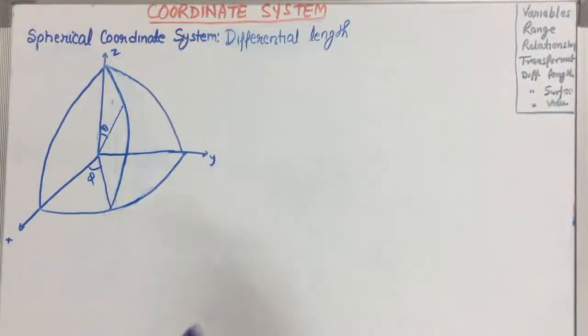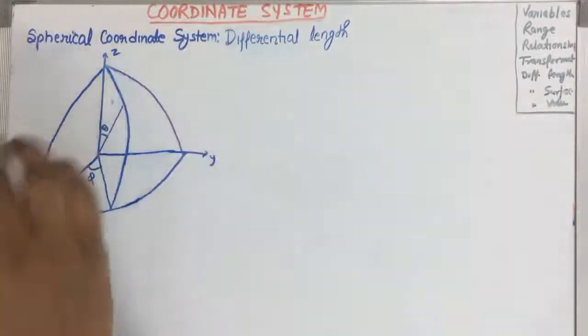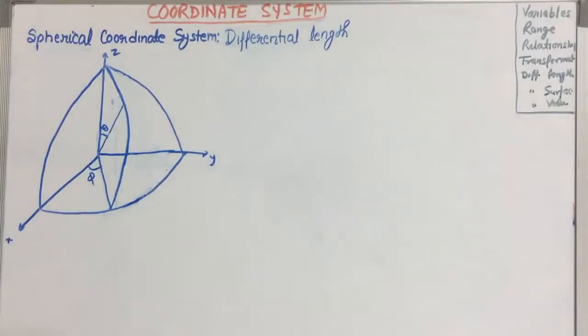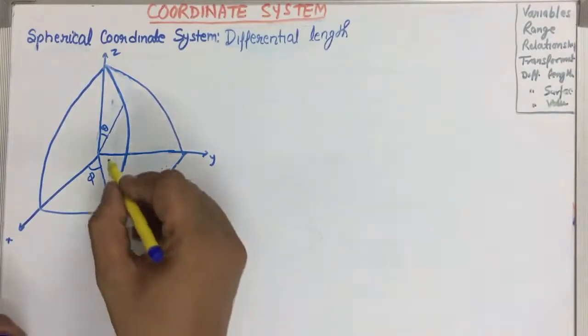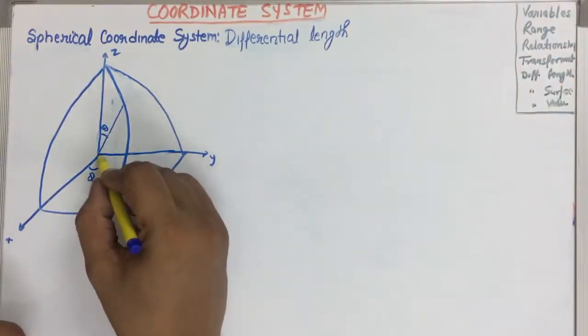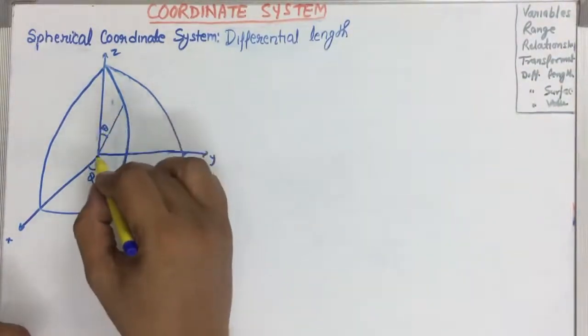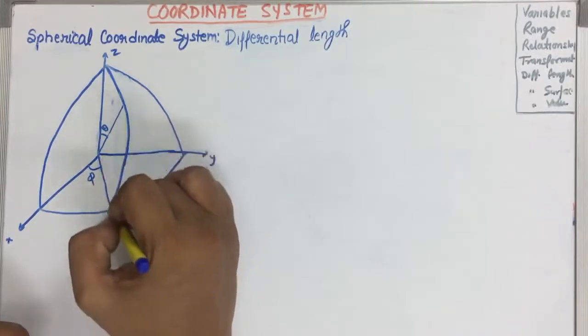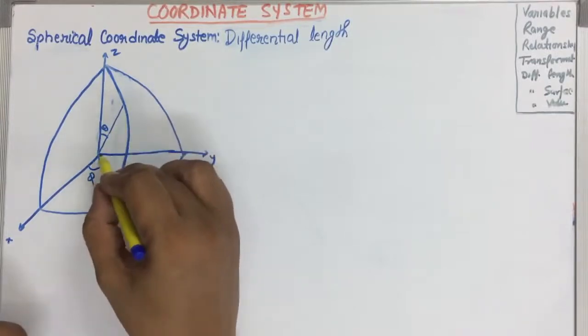Now we are interested in finding the differential length in the spherical coordinate system. For that purpose we have considered a part of the sphere. This is the radius of the sphere and this is its projection on the xy plane.